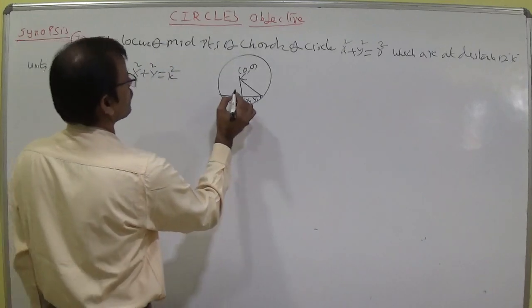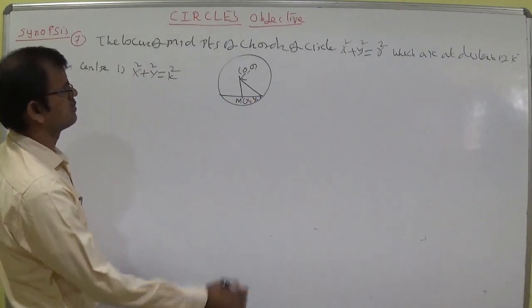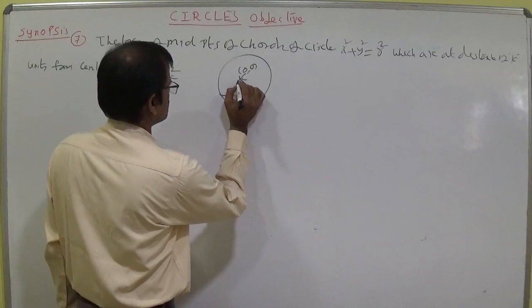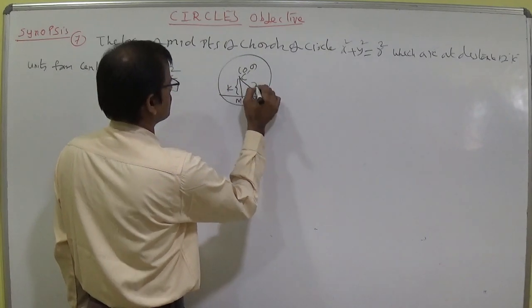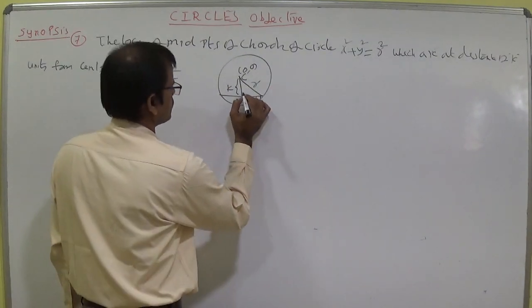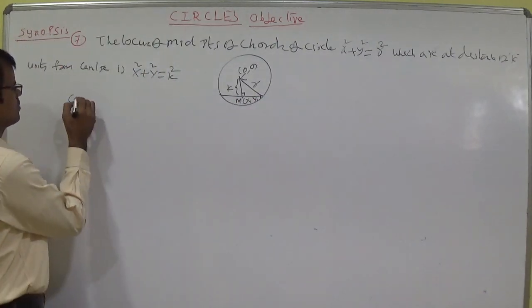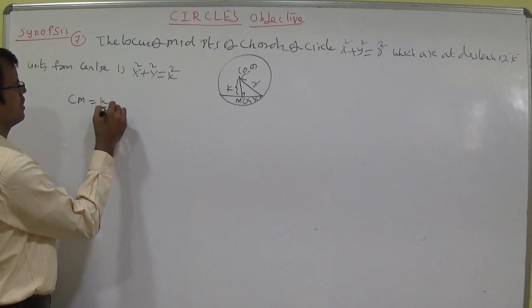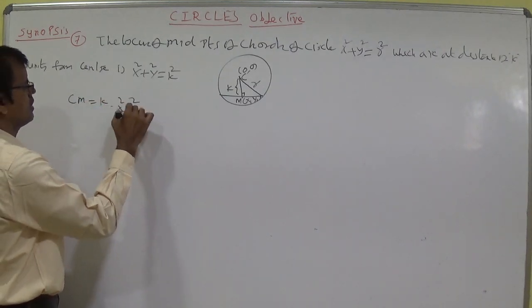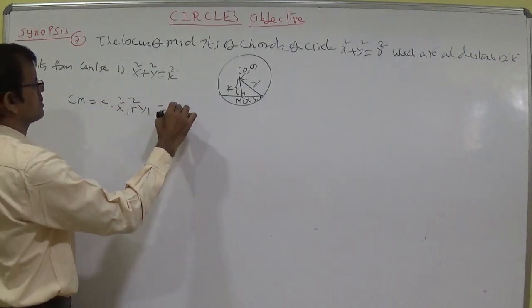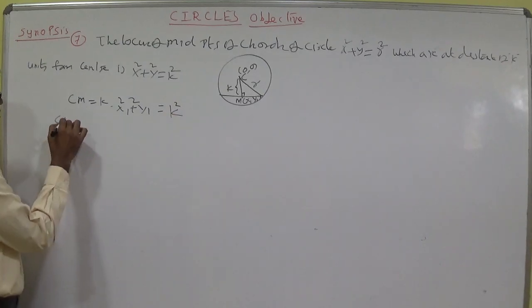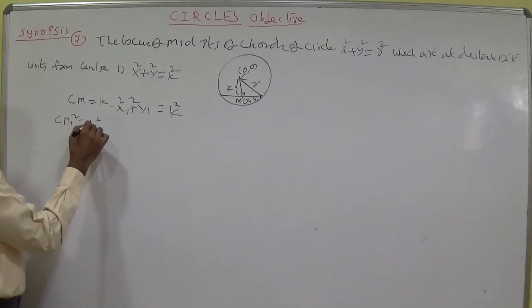So this is k, this is r. So you can write simply CM is equal to k. So directly you can write x1 square plus y1 square is equal to k square, by squaring both sides, CM square equal to k square.